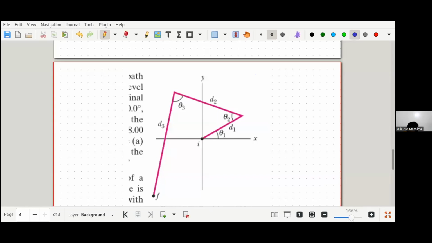What I'm going to do here is draw lines parallel to the x-axis. The angle you're looking for, I'll call theta tilde 2, and this one theta tilde 3. D1 is going to be D1 cosine theta 1 i hat.